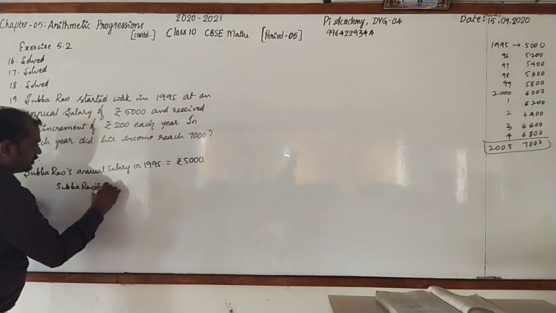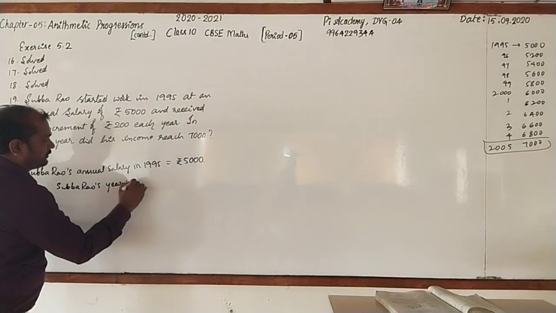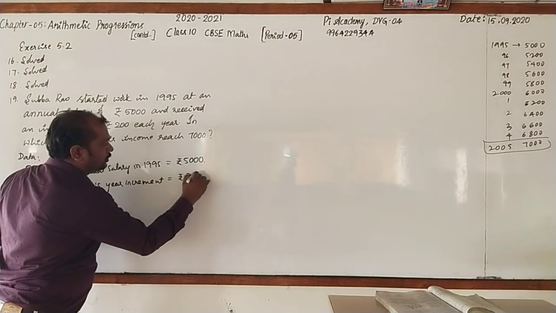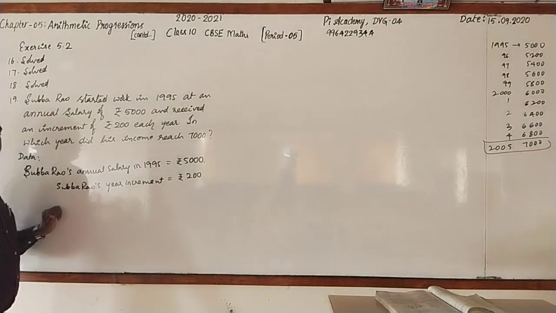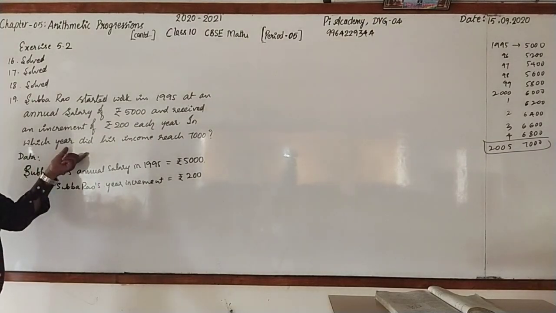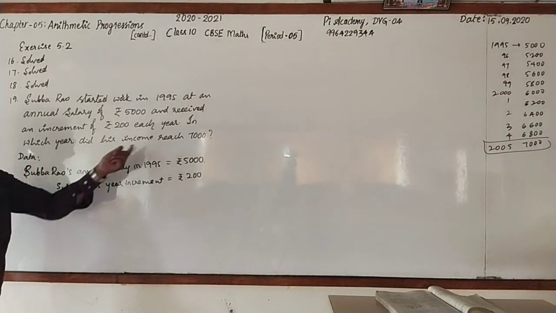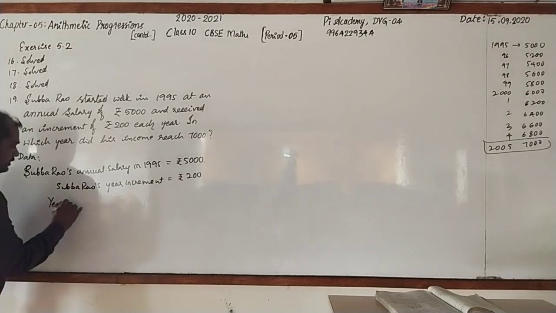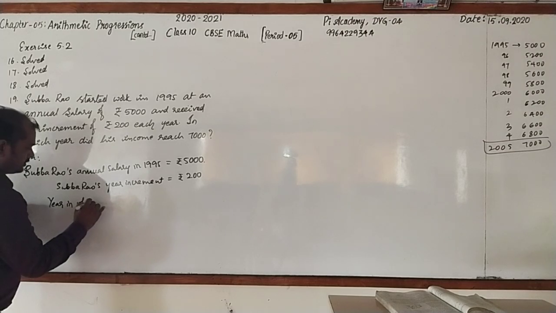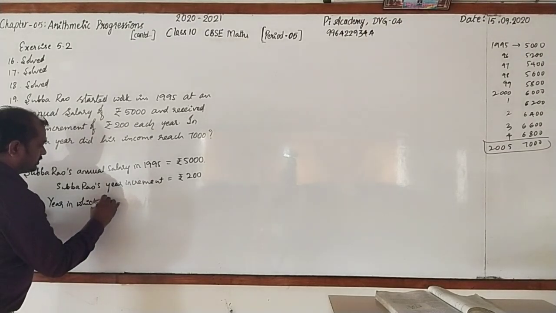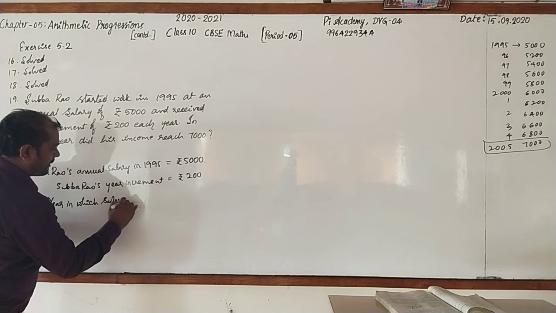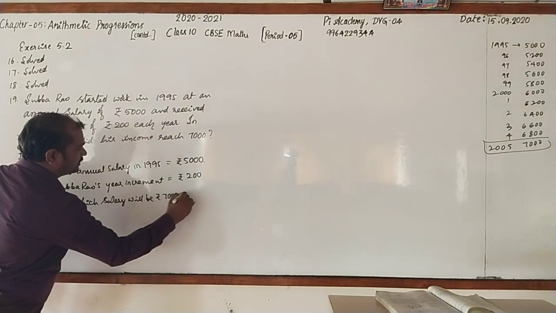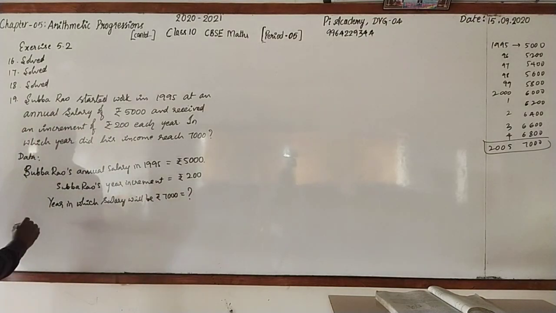Subbarao's yearly increment is equal to rupees 200. Then, in which year did his income reach 7,000? Here I'll write: the year in which salary will be rupees 7,000. This is the statement.